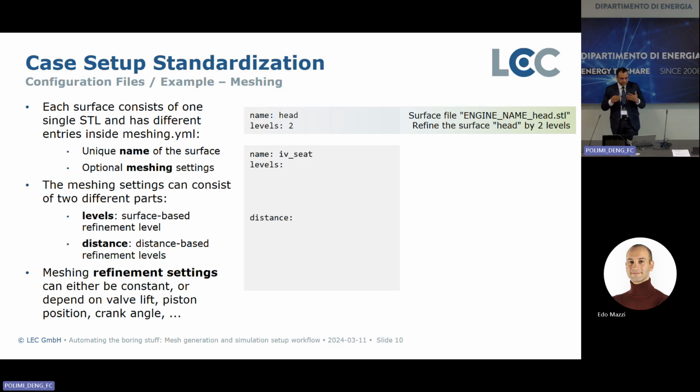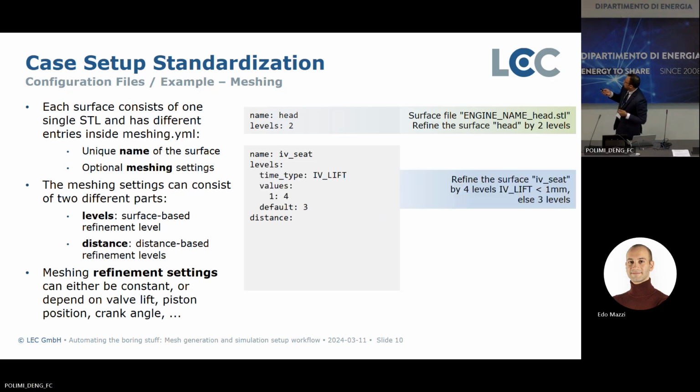And we developed it further, so these refinements can be put as constant. For example, you see here on the head, we put level 2 refinement. Or they can be based on the time type: based on the intake valve lift here, until the valve lift is less than 1 millimeter we have 4-level refinement, and otherwise 3-level refinement.